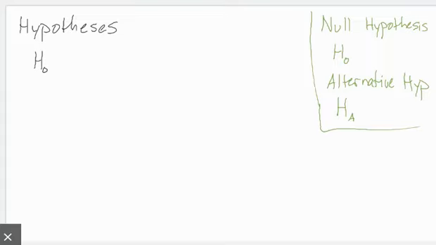For the null hypothesis, one thing that you need to remember is after you write this symbol, you need to write a colon, okay? Do not put an equal sign. It needs to be H sub O or H naught is what that's called, and then put a colon. And our null hypothesis is the thing that we are putting on trial, okay? In a hypothesis test, we are putting a number on trial.